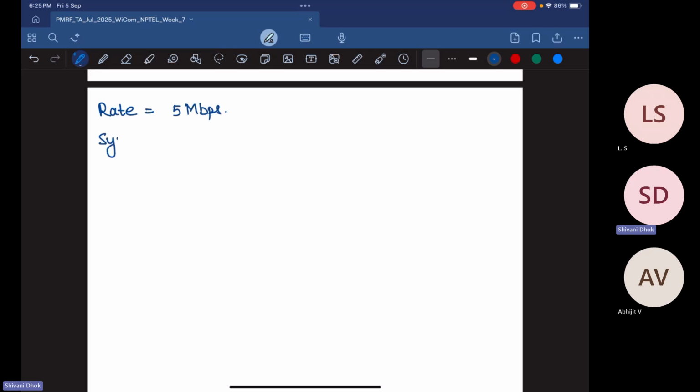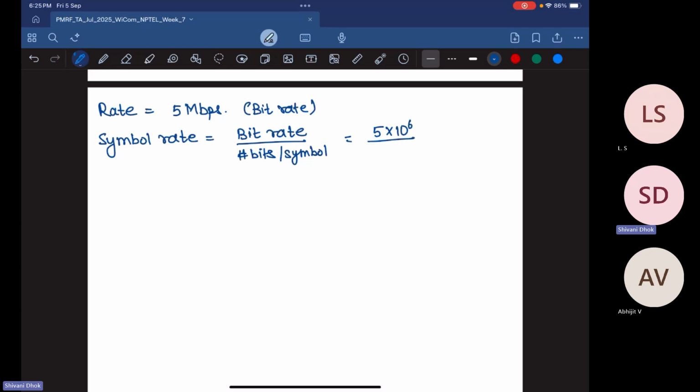From this, the symbol rate is your bit rate divided by the number of bits per symbol, which is equal to 5 into 10 raised to 6 divided by the number of bits per symbol, that is 6, which is equal to 5 by 6 into 10 raised to 6.